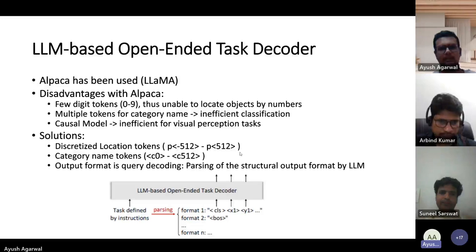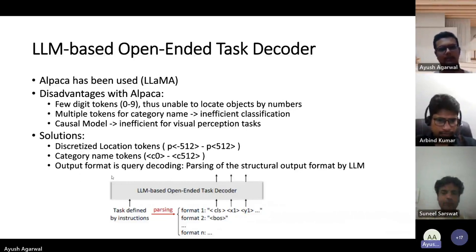In that way, essentially an image is divided into bins; in this case, it would be 1024 bins. Then there are category name tokens. For each category, they assign a token. For example, person could be C0, bicycle could be C1, so that word is not further broken down into tokens.